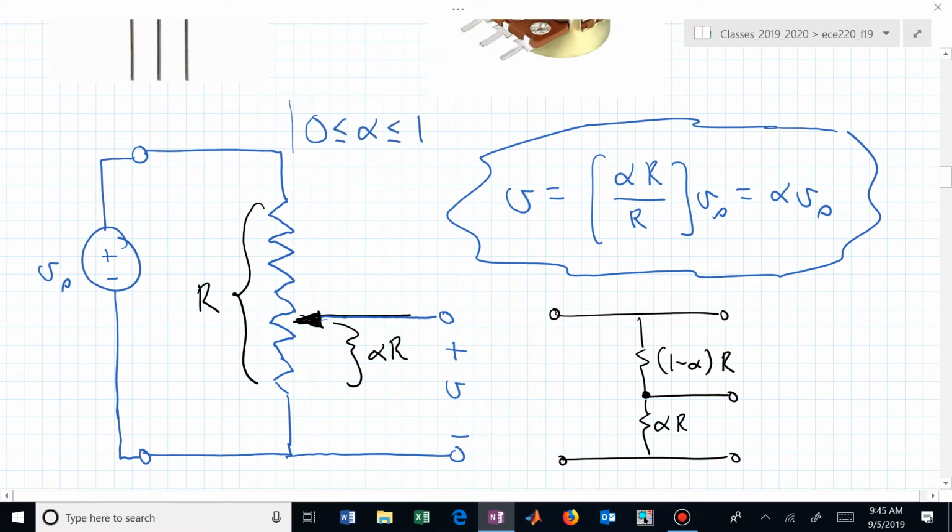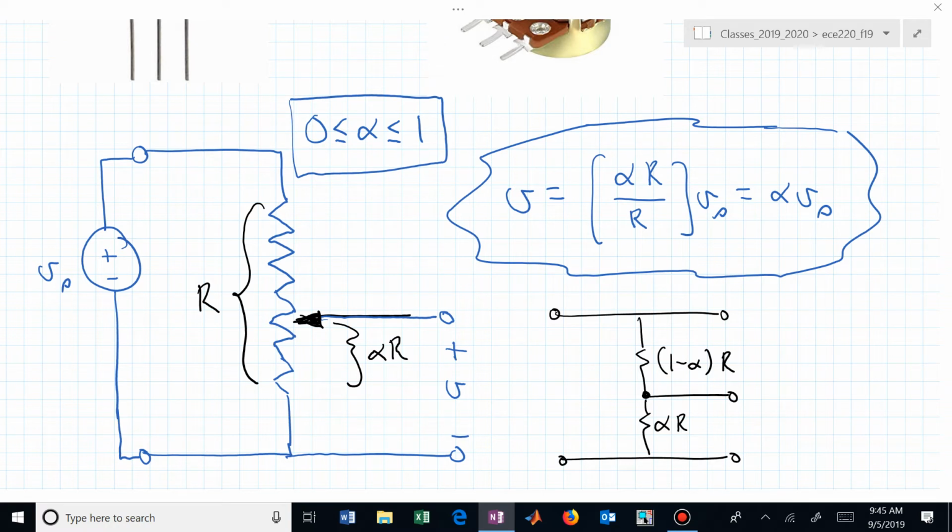varying between 0 and 1, now maybe we have 25% of that knob turned. Now we're going to have 250 ohms in the lower section of that potentiometer. Alpha is 0.25 in that example.